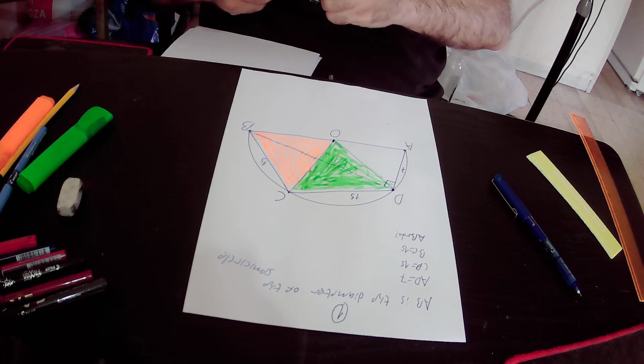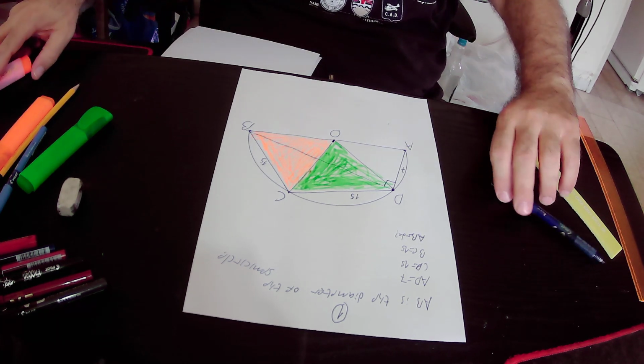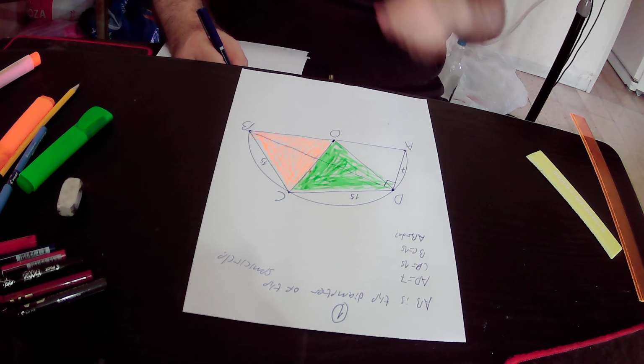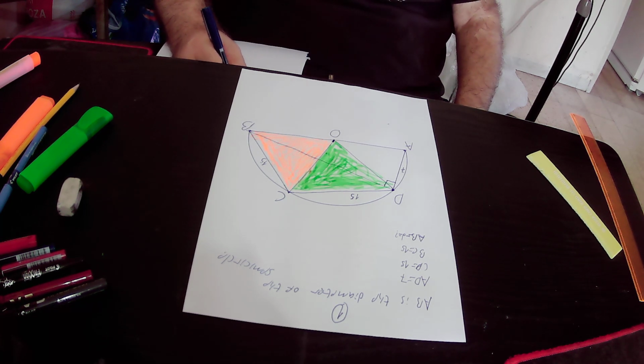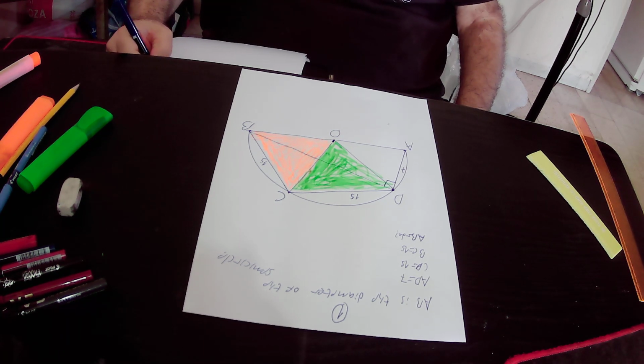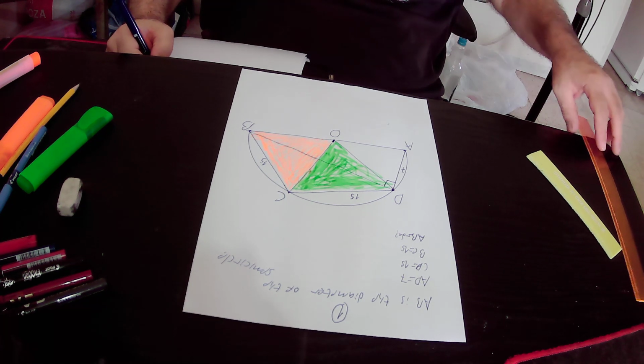So we will focus on triangle ODC, that is the green triangle, and triangle OCB, that is the orange triangle.